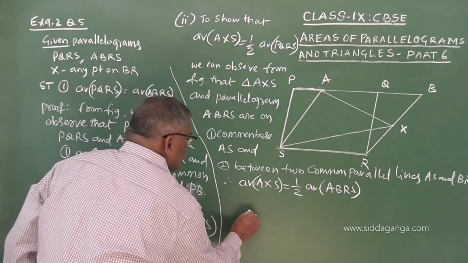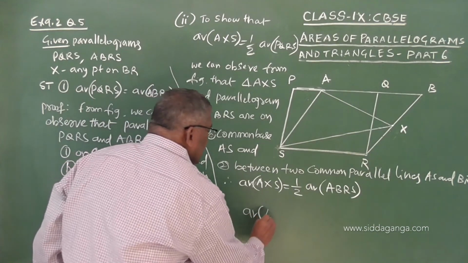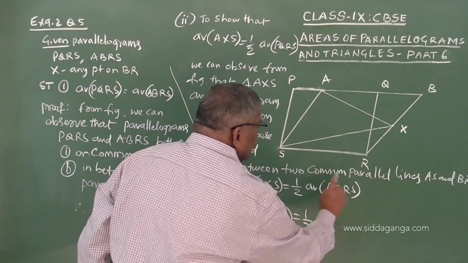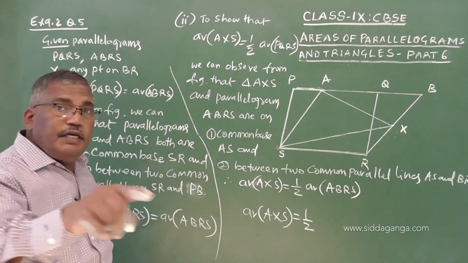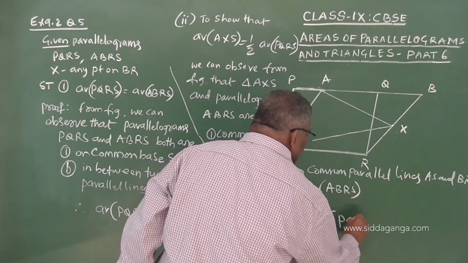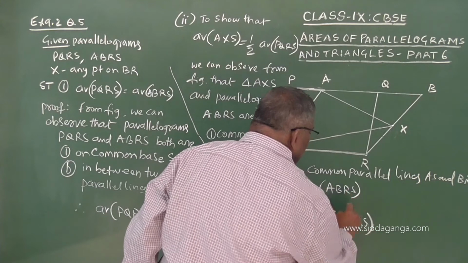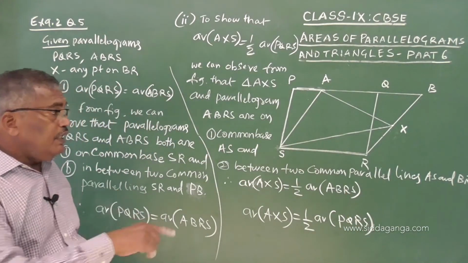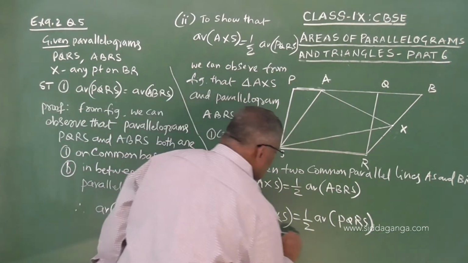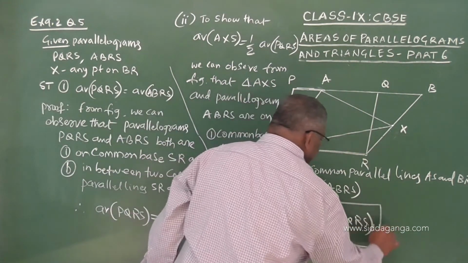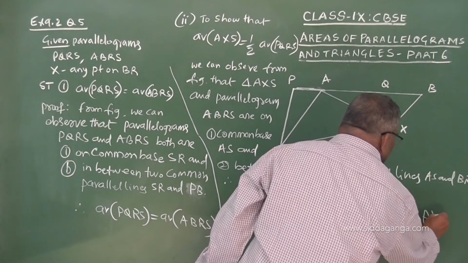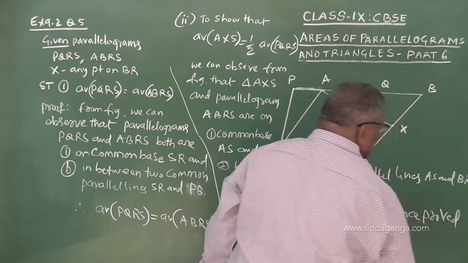So, therefore, area AXS equals half of area ABRS, which is the same as half of area PQRS, because they are equal, as we have proved in the first sub question. So, this is the answer, hence proved.